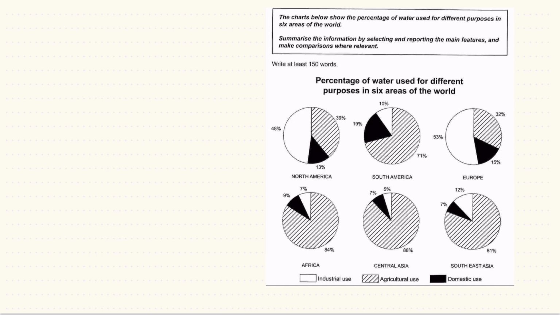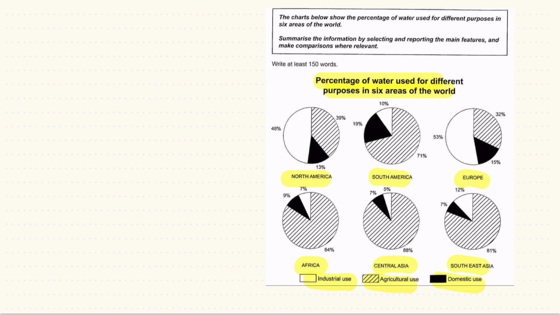So let's highlight the important parts. Obviously the title and the 6 different areas. You obviously don't need to mention all of these 6 areas in your introduction. And lastly, these 3 different types of uses for water.